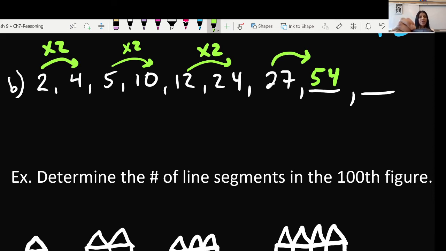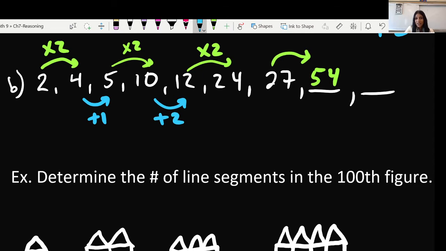Now let's take a look at the pattern at the bottom to see if we can figure out how to come up with this last example. So 2 to 4 is times 2, but to get to this next one, I'd have to add 1. There's nothing I can multiply, no multiplication that works with the 2 and the 4 with respect to the 5. And then I notice here it's not plus 1, which is what I thought would happen.